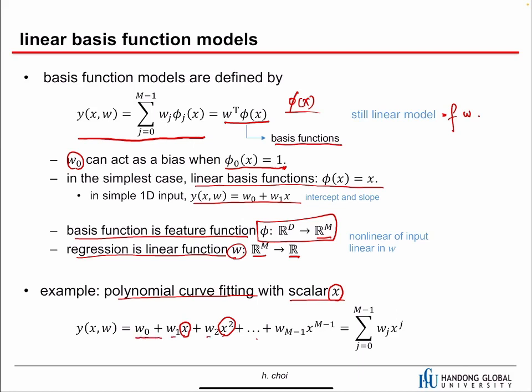So this one is w transpose phi of x, and this is phi 0. Phi 0 of x is 1, and phi 1 of x is x. Phi 2 of x is x squared, etc. So this one is still linear in w, but we have nonlinear function phi. This is an extension of the simplest model.